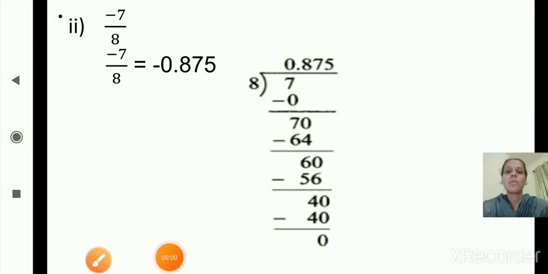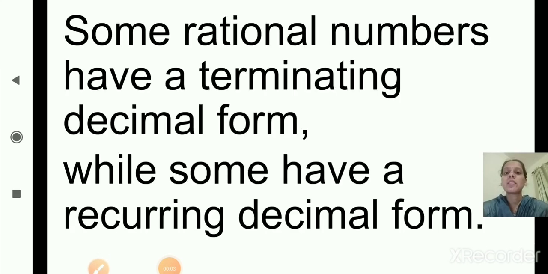Okay. So we will revise now what we have learned today. Some rational numbers have a terminating decimal form, while some have a recurring decimal form. We have seen examples of terminating decimal form and recurring decimal form, right?